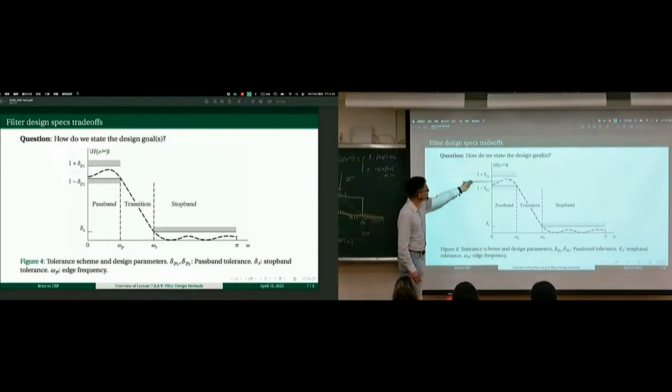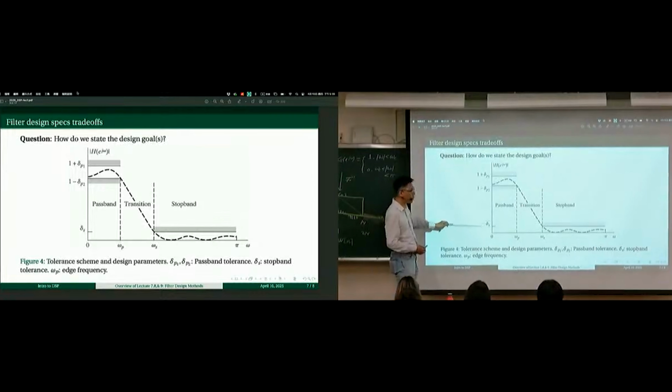On top and at the bottom for the pass band, there are two pass band tolerance parameters. And similarly, we have a stop band tolerance parameter denoted as delta S right here. How much are we allowed the stop band response to be non-zero? The gain should not be greater than what we are willing to tolerate.